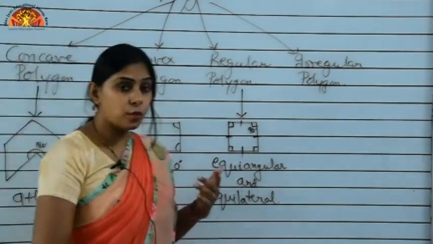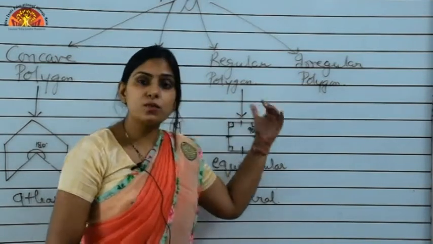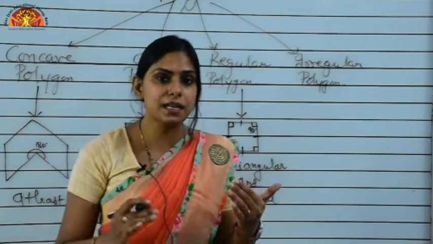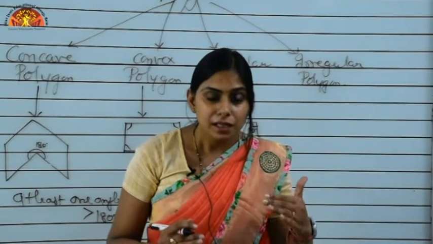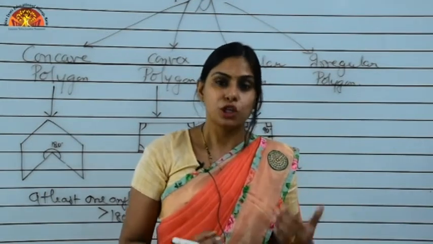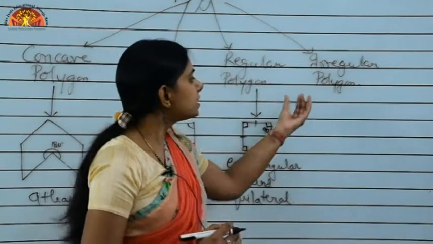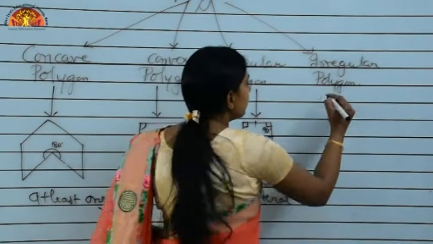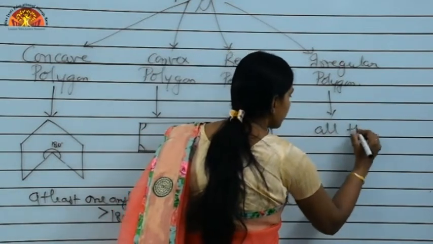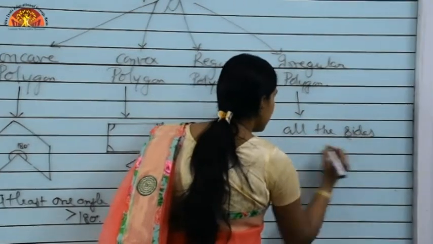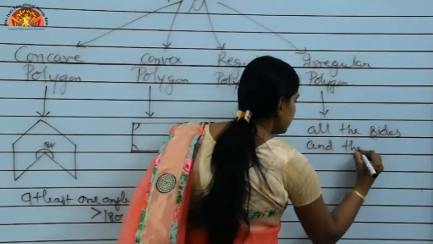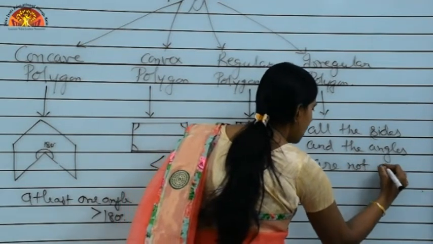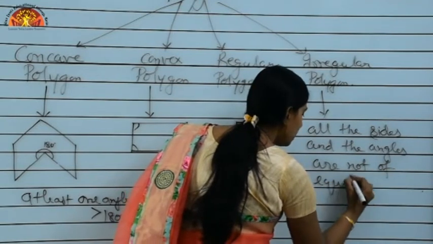Now what is an irregular polygon? It's very easy. It's just the vice versa of the regular polygon. In a regular polygon, all the sides and all the angles have the same measurement. But in an irregular polygon, the measurements of the sides and angles are not the same, meaning all the sides and the angles are not of equal measurement.